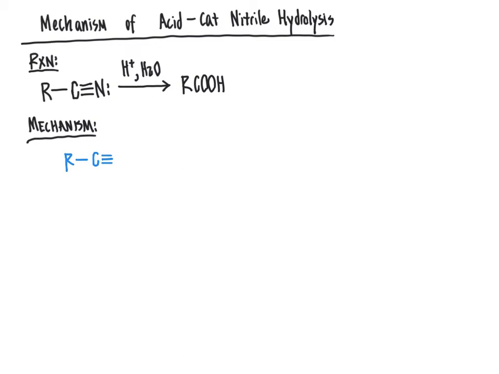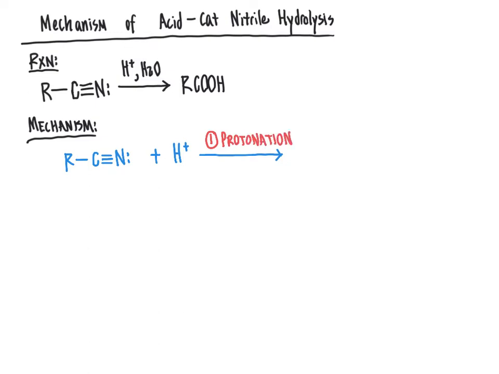So we have our nitrile group, which has a lone pair of electrons on the nitrogen. We have acid present in the reaction mixture. And so based on what we have learned all along about reactions and mechanisms and reactivity, generally if you have a relatively strong acid present, what's going to happen in the first step of a mechanism is going to be protonation.